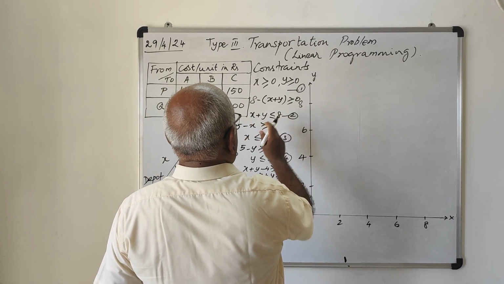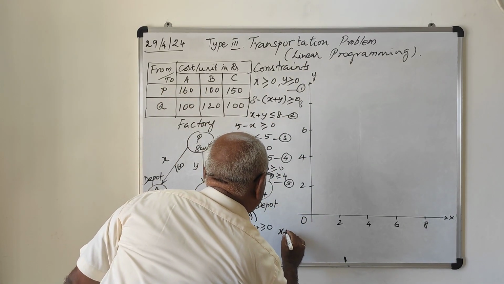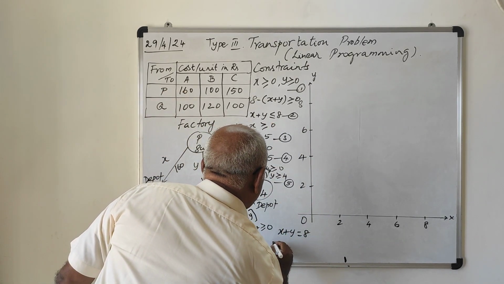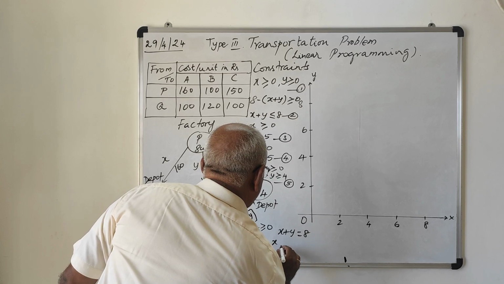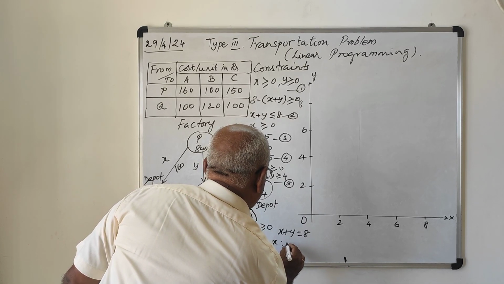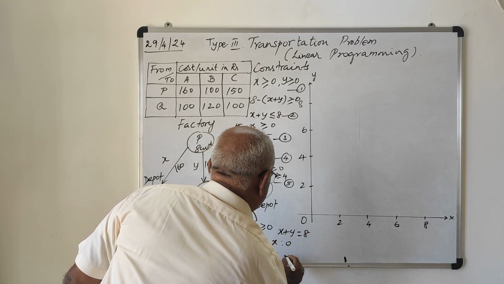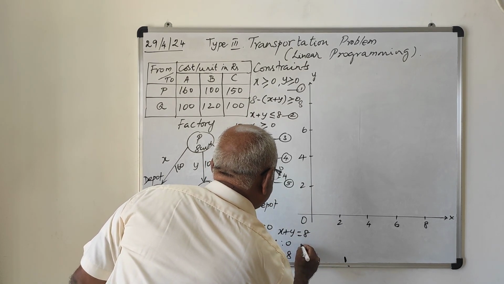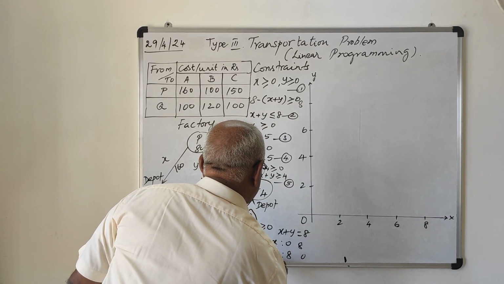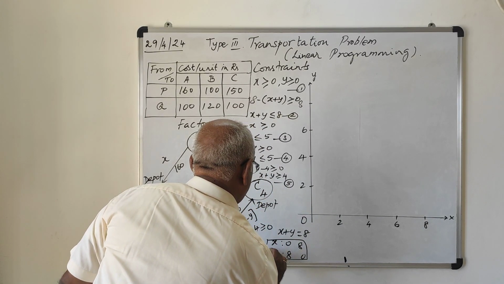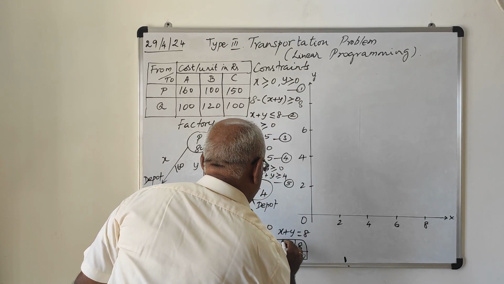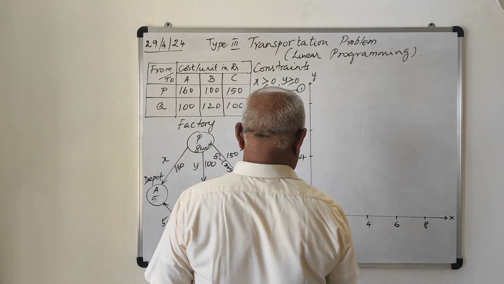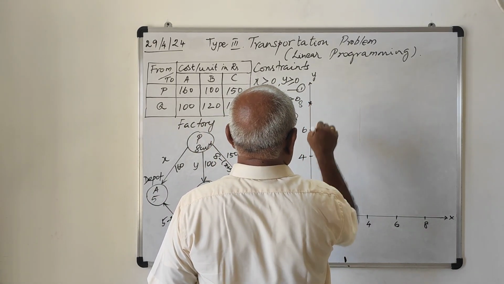Now x plus y equal to 8. For this graph, if x equal to 0, y equal to 8. Similarly, if y equal to 0, x equal to 8. So the points are 0, 8 and 8, 0.